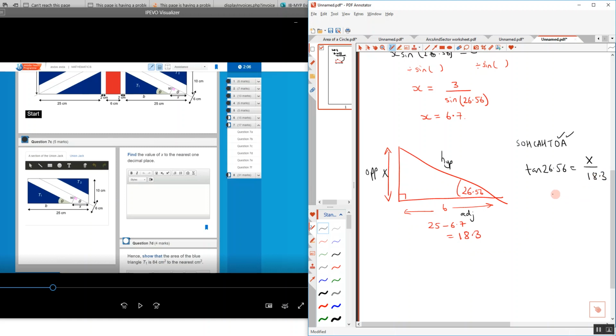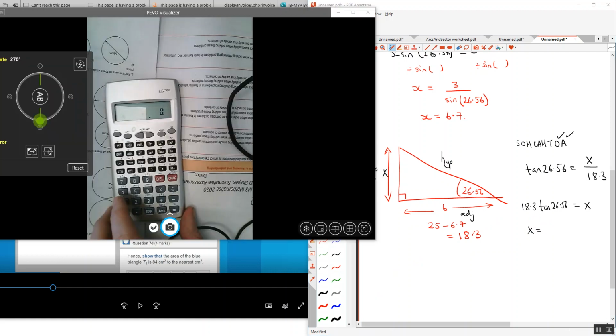Now if the number's on the bottom, what do you do? Yep, you multiply. So 18.3 multiplied by tan 26.56. Sorry, this is a little bit messy. With these questions you can check to see if the answer is right. So we put this into our calculator.